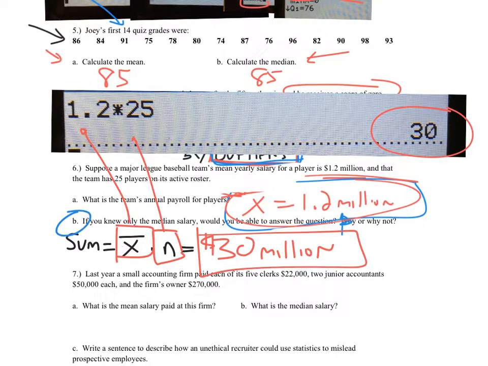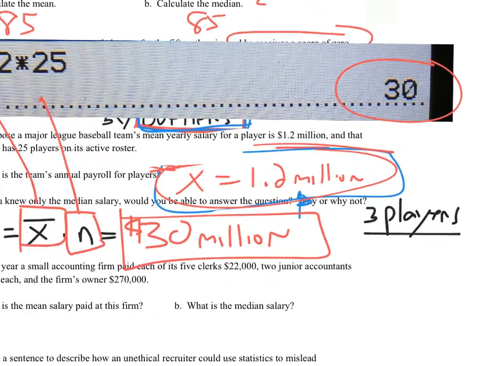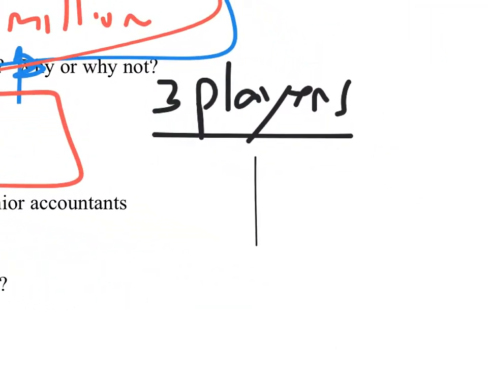Letter B, if you only knew the median salary, would you be able to answer the question, why or why not? Median is the middle number of the data. So let's say we had 3 players on the team and not 25 players. Well, take a look at these two hypothetical teams.